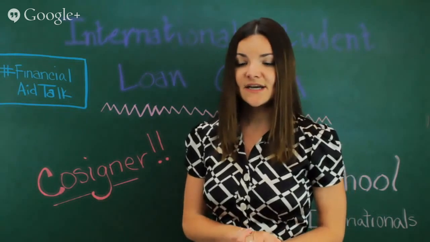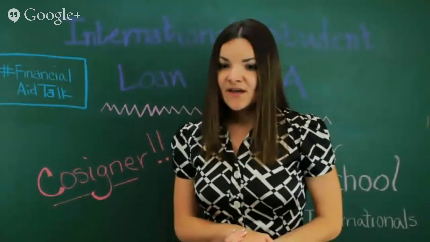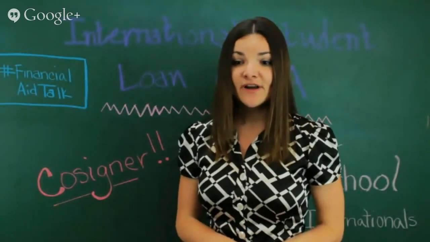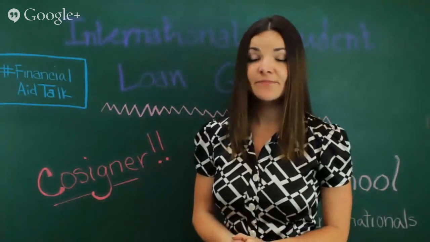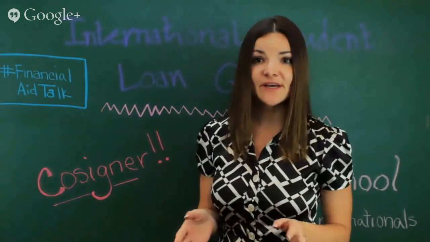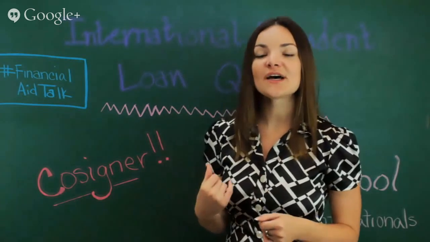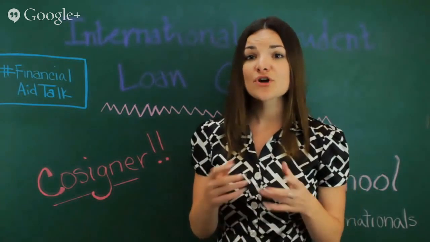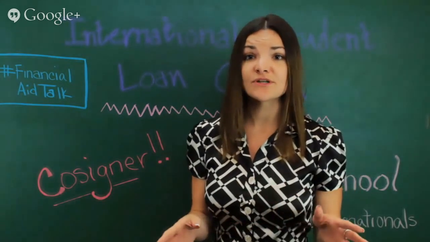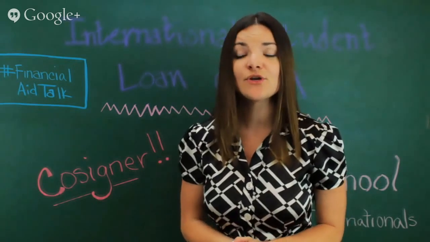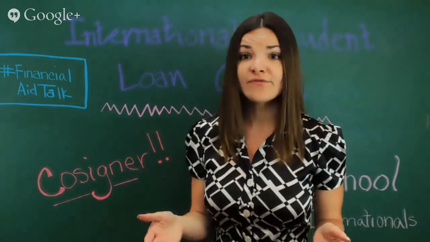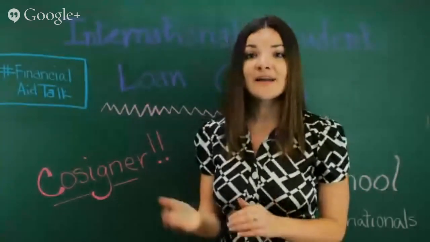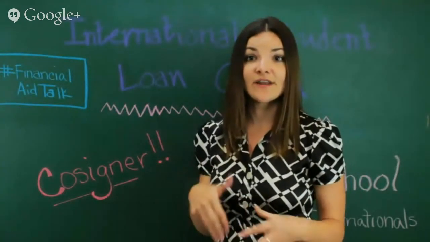Let's see. How can I get more funding when I have a 50% tuition fee scholarship for my master's degree? Great question, and you've come to the right place. Internationalstudentloan.com will show you your loan options depending on the school that you're going to, and you can apply for a loan for the total amount of your education minus other financial aid that you've received.